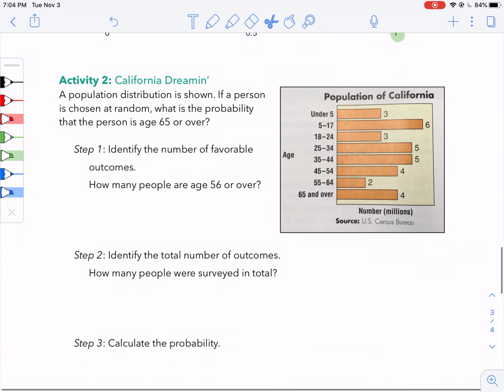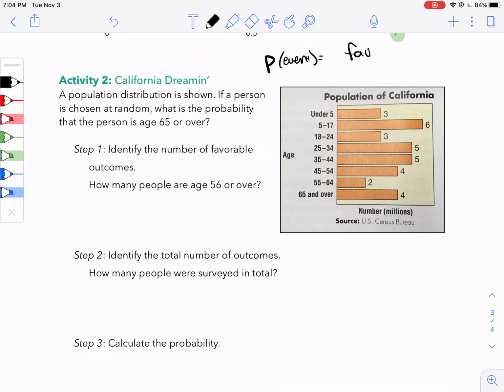Probability of an event is equal to favorable, what we want, over your total. So we need to count up how many people are 65 or over. Well, 65 and over, that's just 4.